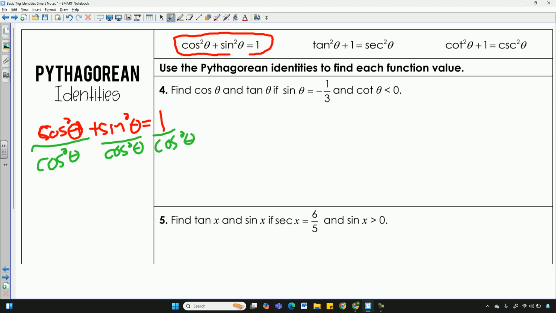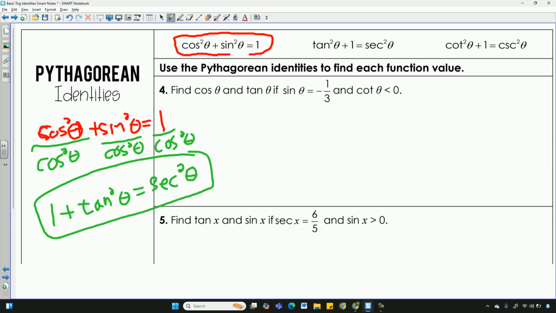That gives me 1 plus sine over cosine, which is tangent. Sine squared over cosine squared is tangent squared. And 1 over cosine is secant, so this is secant squared. So now you'll see that I've found this identity.